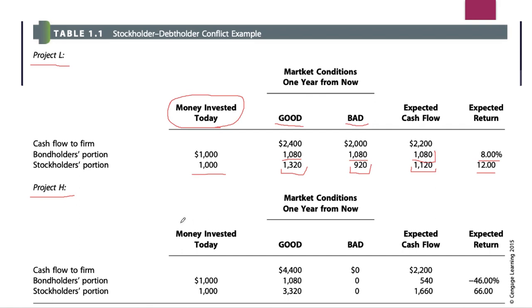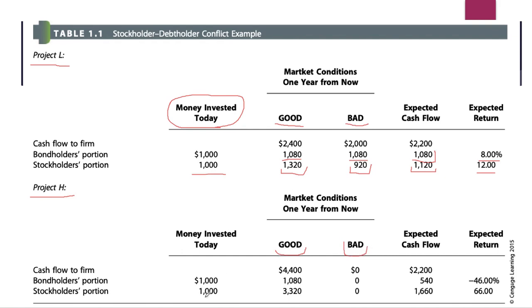And suppose we have another project H, and in this project we can see, again, there are two states of the nature. Depending on the market conditions, we might end up in the good scenario, good market condition, or bad market conditions.